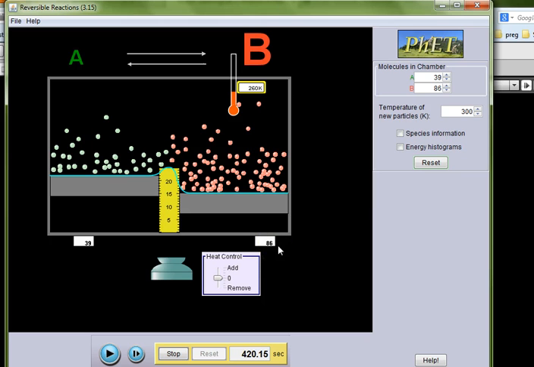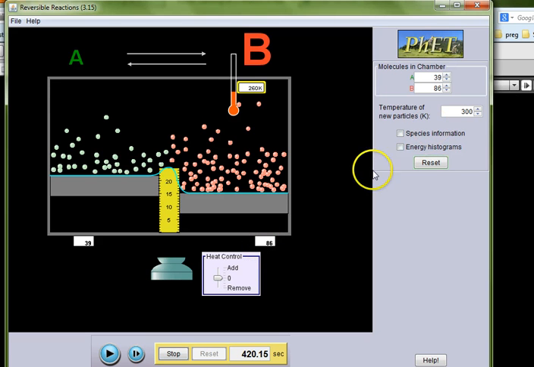And so we are proving our theory over and over again. When we added 25 particles of A, we added stress to the system. According to Le Chatelier's principle, the system acts in a way to reduce that stress. That means more A needs to be converted into B so that they can reach the equilibrium constant.